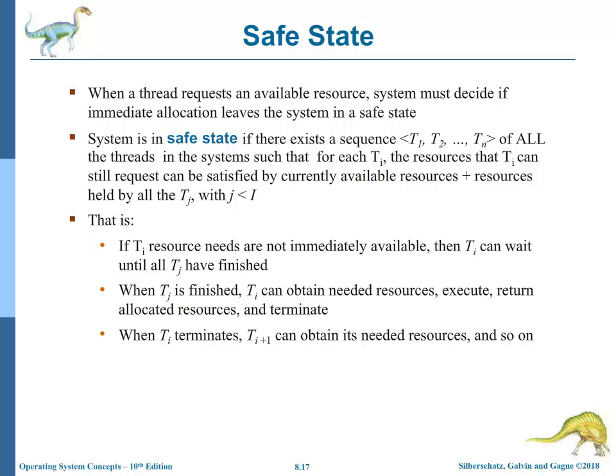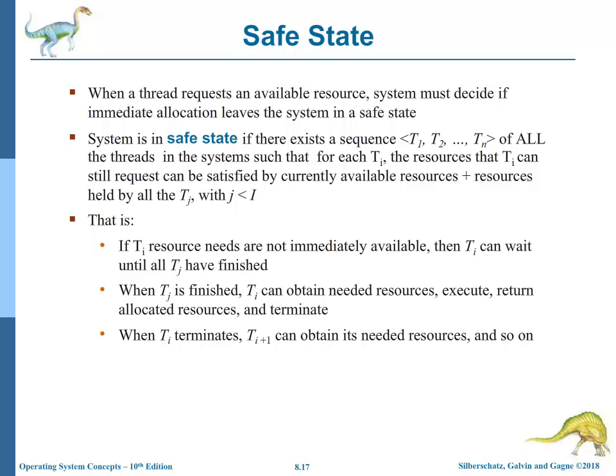When they are finished, Ti can obtain all of its needed resources, complete its designated task, return its allocated resources, and terminate. When Ti terminates, Ti plus 1 can obtain its needed resources, and so on.